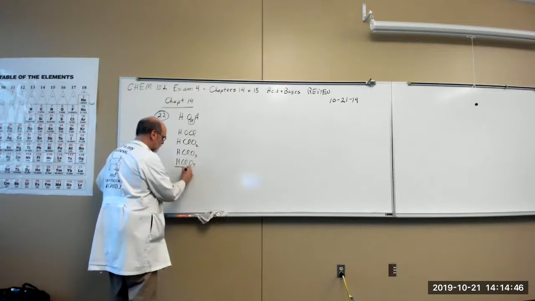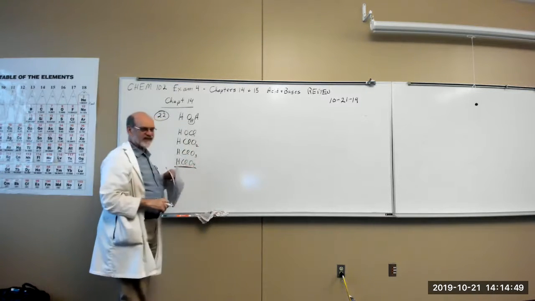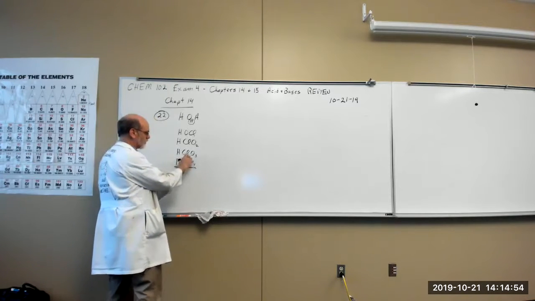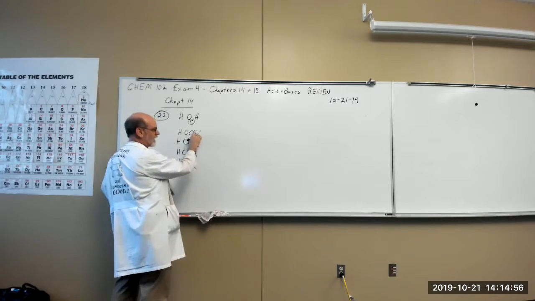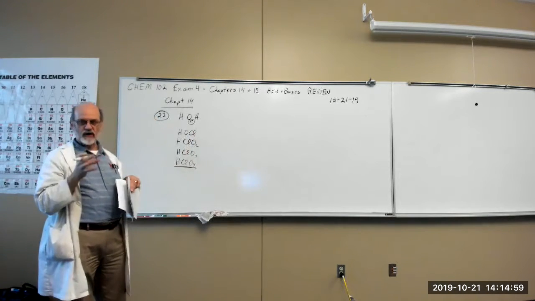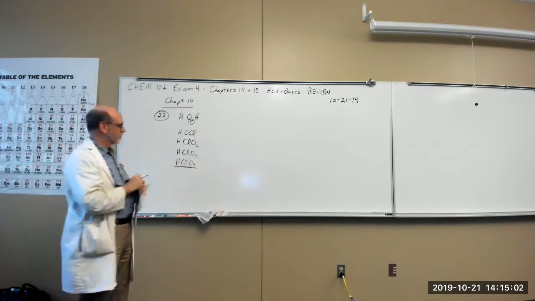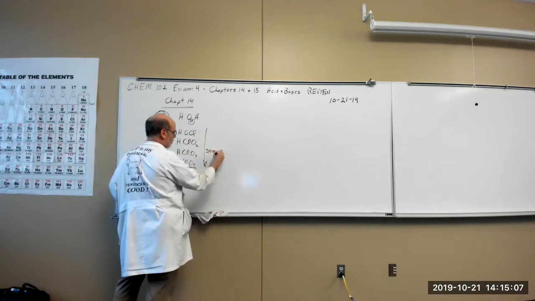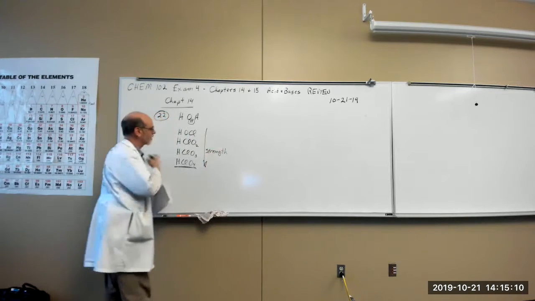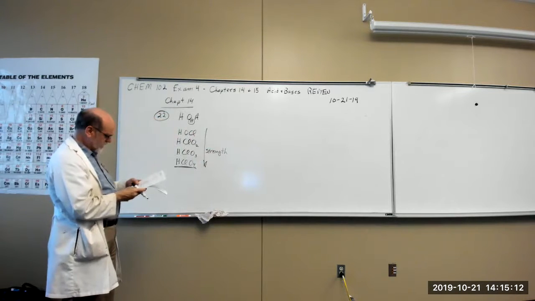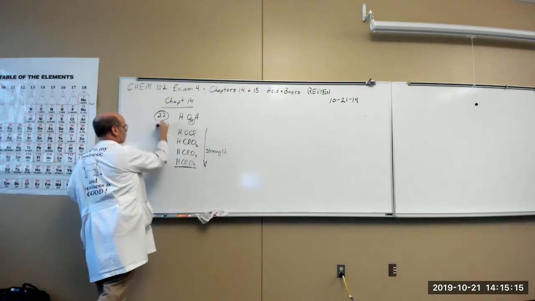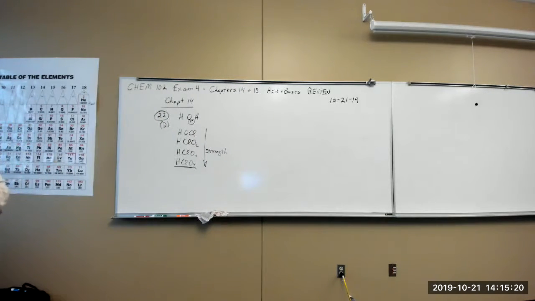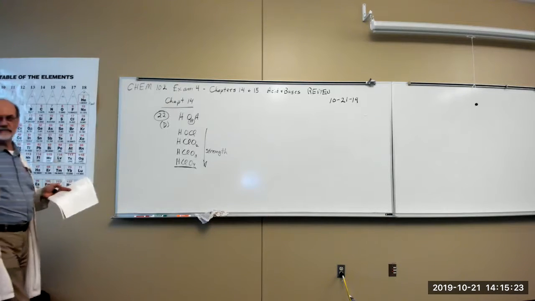In fact, this one is by definition a strong acid. In other words, it completely dissociates in water, whereas this one partially, this one less, and this one even less. That's all because of the extra oxygens, increased strength this way. So the best answer is D for this one: the number of oxygen atoms present in the molecule. Okay?